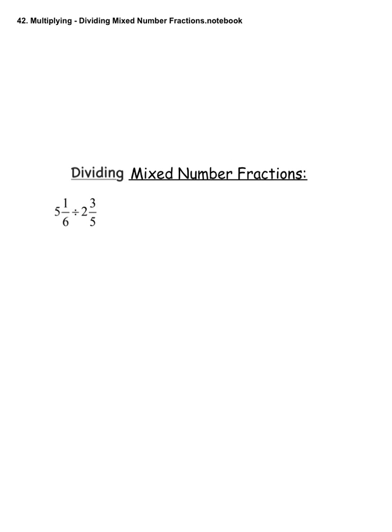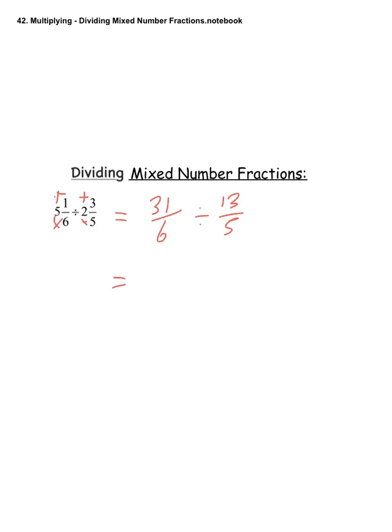Okay, so if we want to divide mixed number fractions, similar steps have to be taken to start with. We need to make these top heavy, so multiply and add. 5 times 6 is 30. Add on 1 is 31 over 6. Divided by 2 times 5 is 10, plus on 3 is 13 over 5.